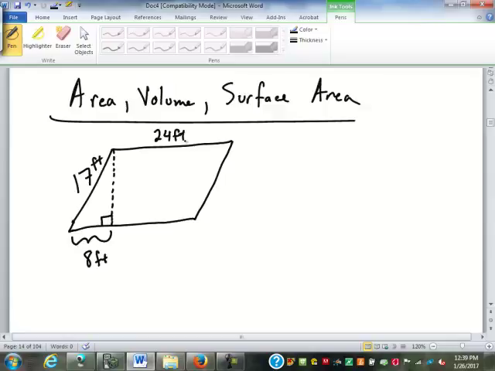How would we find the area of this parallelogram? I'll mark it like that so you know the opposite sides are equal, so you know it's a parallelogram. What would we do? Well, when we go for areas, can I multiply 24 feet by 17 feet?